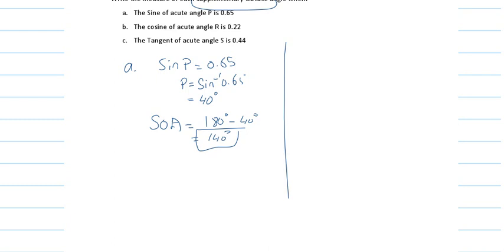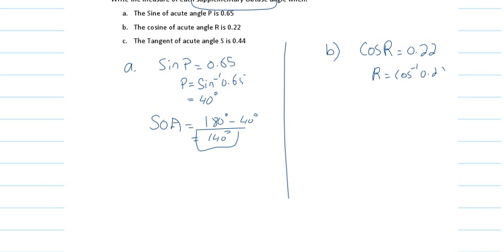Okay, for B, it's asking you for the cosine. So the cosine of the acute angle R is 0.22. So I know that cosine R is 0.22. How can I find angle R? Cos inverse. So if I do cos inverse of 0.22, what do I get? 77 degrees.